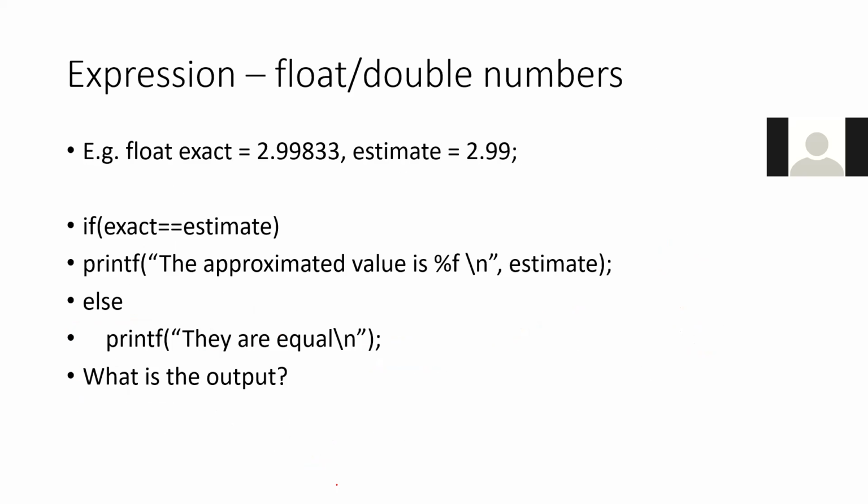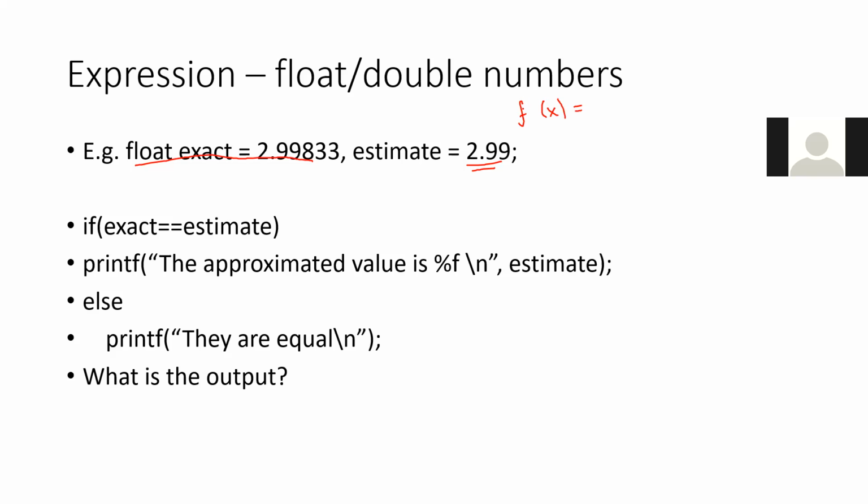Okay, now let's see this one. This is for float and double numbers. Float exact is 2.99833 and the estimate is 2.99. So this might be an example from your calculus class when you want to find the value of f(x), something like that.